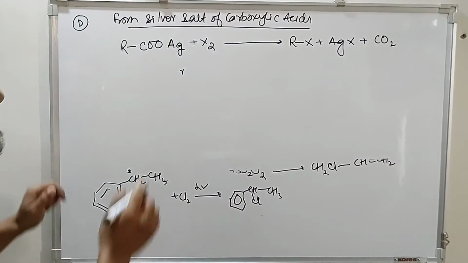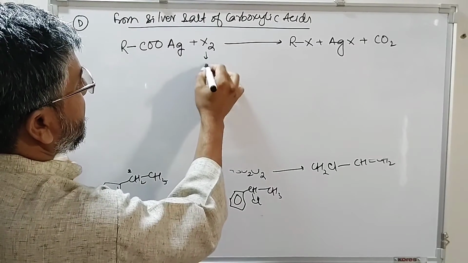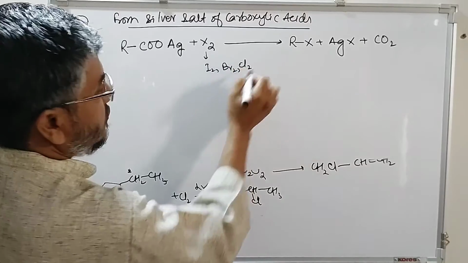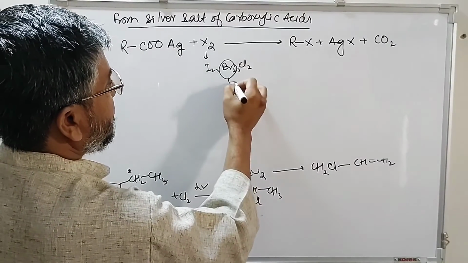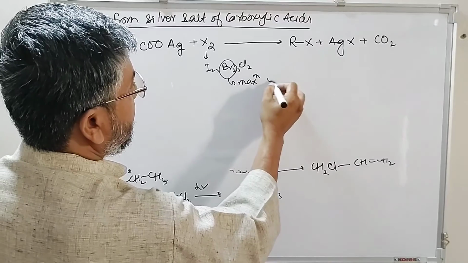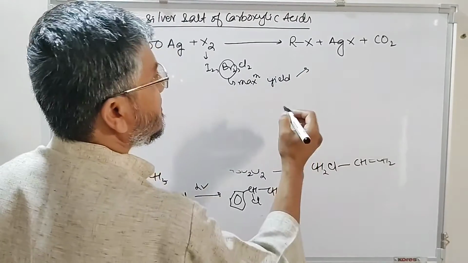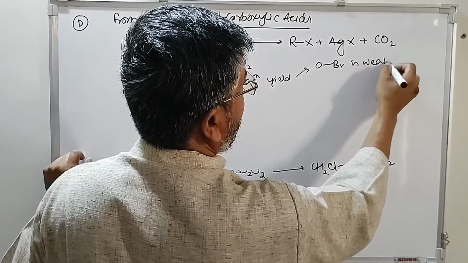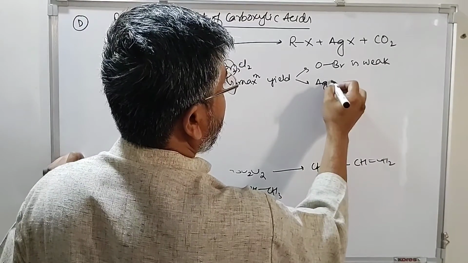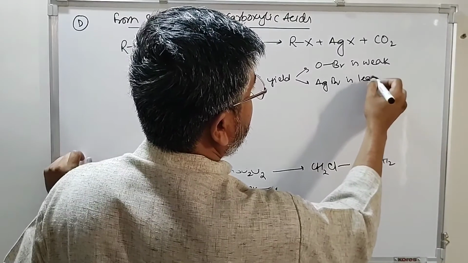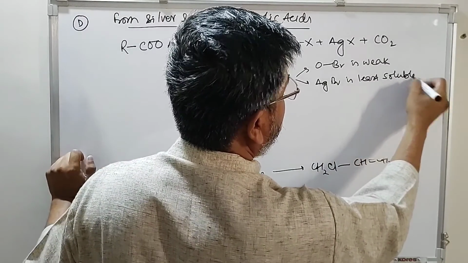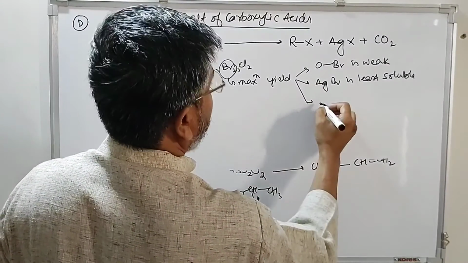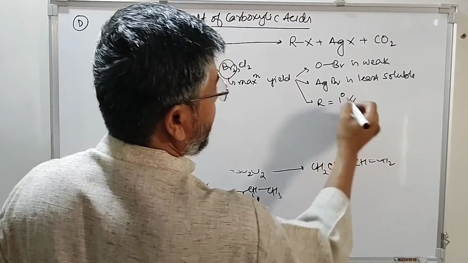Now look at this, maximum yield. X2 can be I2, Br2, or Cl2, but Br2 gives you maximum yield. The reason is the O-Br bond is weak and AgBr is least soluble, and R should be primary.